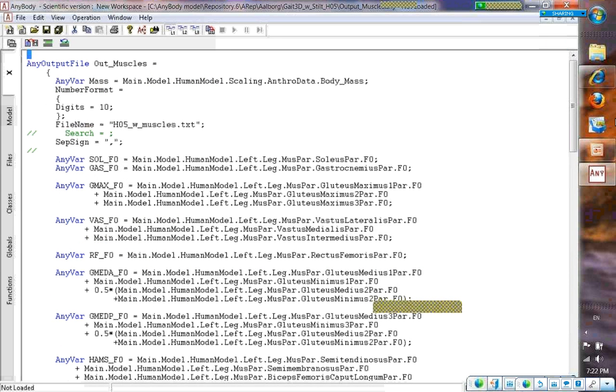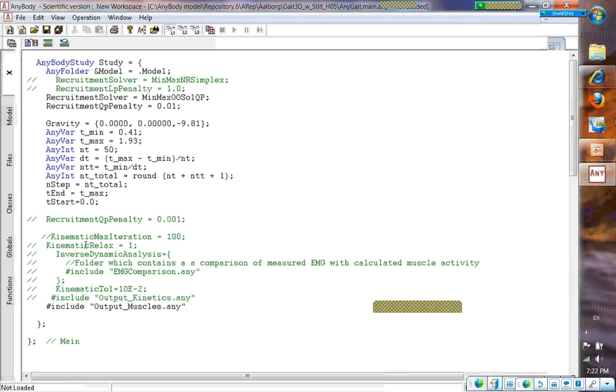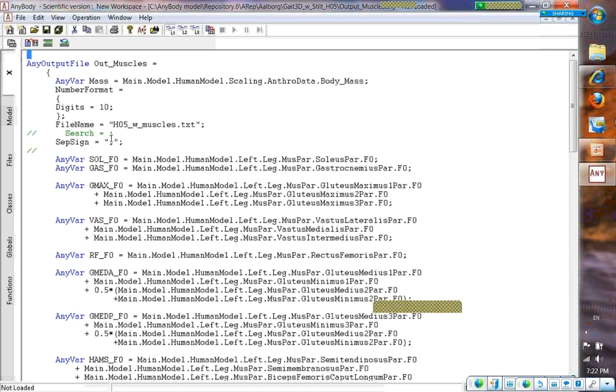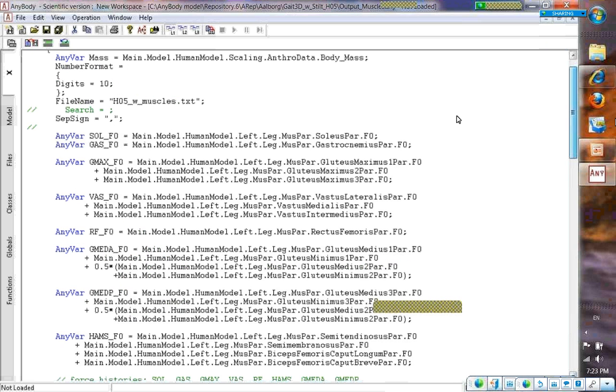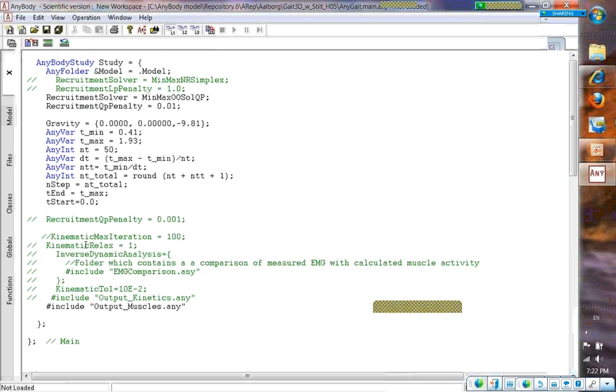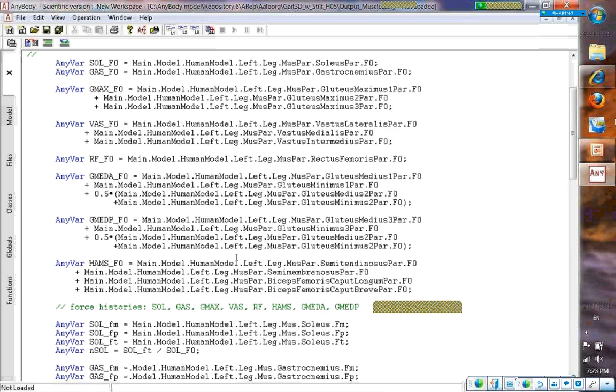For example, soleus muscle is very simple, only one muscle, no major change. Gastrocnemius also is only one muscle. But G-max has 3 muscles, and we can add the 3 muscles together here. And the vastus muscle group, same thing we do here. And so on. Then we define the 8 muscles. All 8 muscles are measured here.